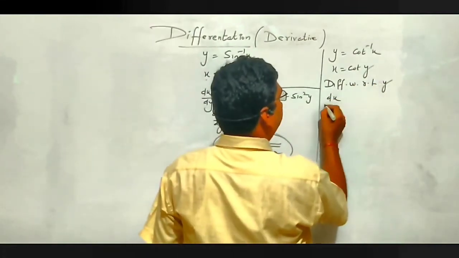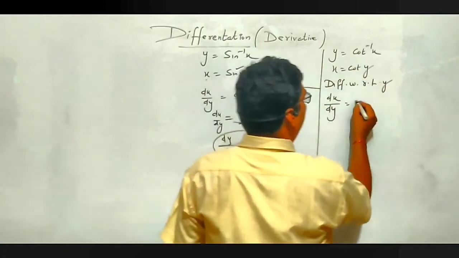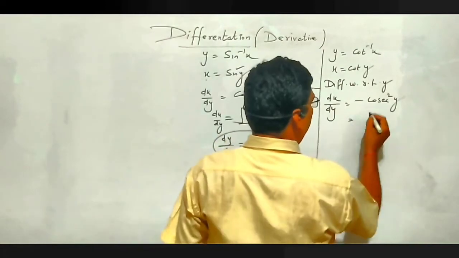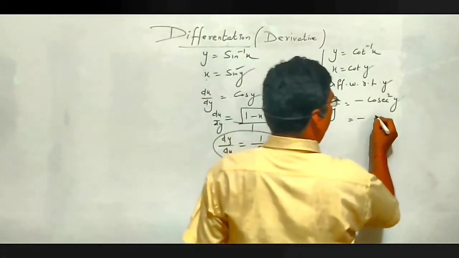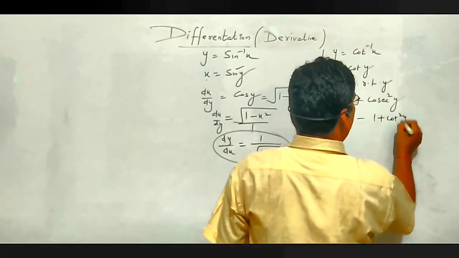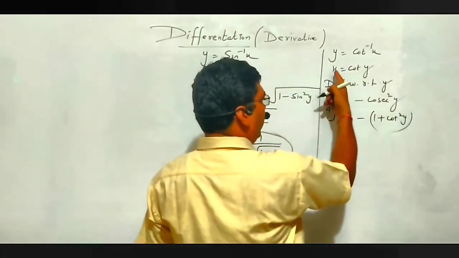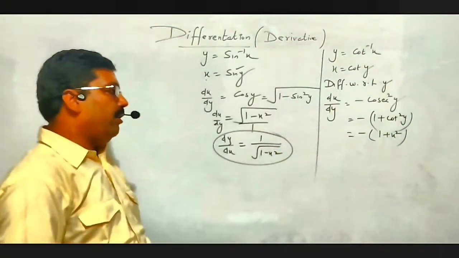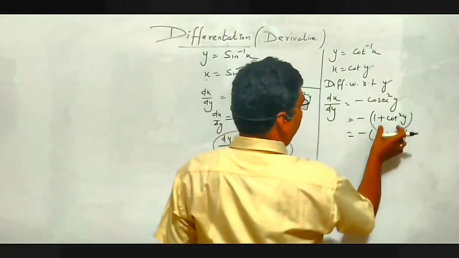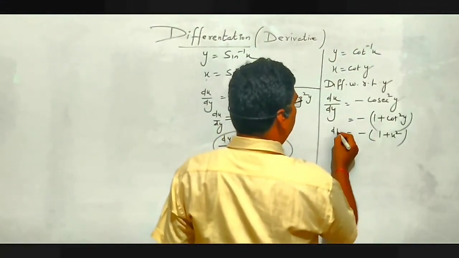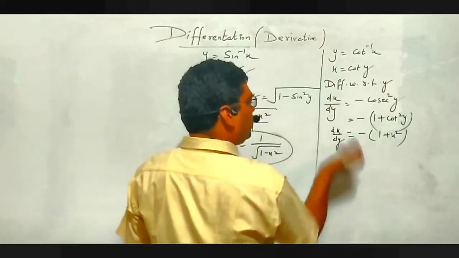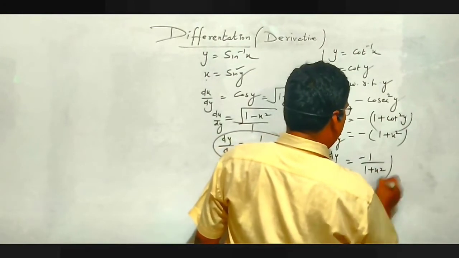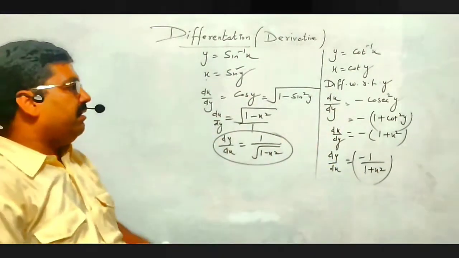It means dx by dy becomes minus cosecant square y, and cosecant square means 1 plus cotangent square y, and the value of cotangent y equals x, so that becomes 1 plus x square, that is equal to dx by dy.